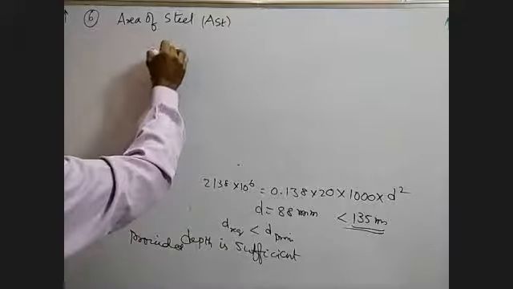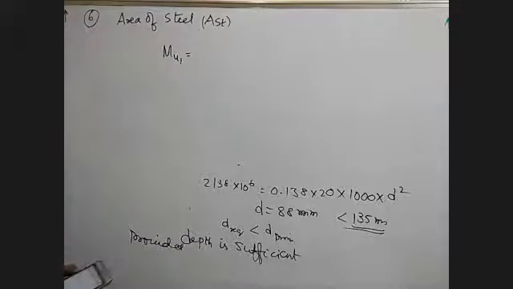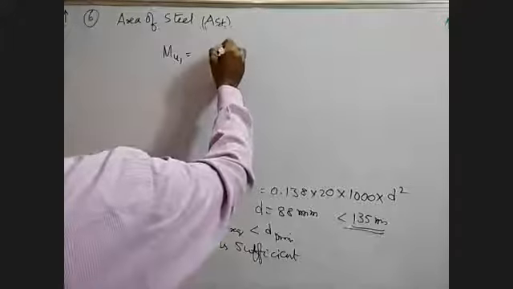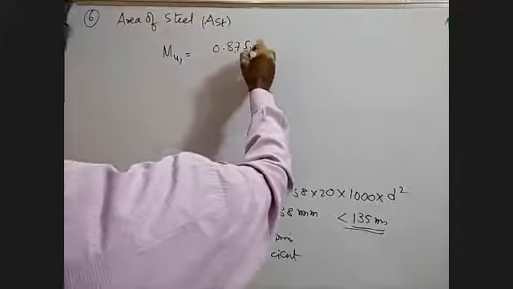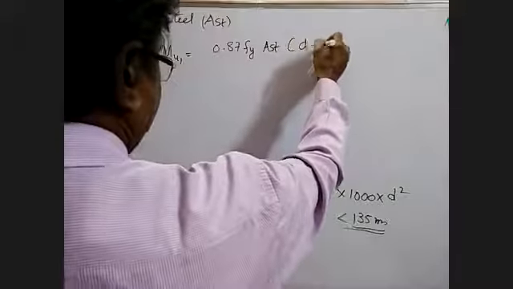Now the formula is MU1 is equal to, you can use either the 0.87 Fy formula or the 0.5 FCK formula. 0.87 Fy into AST into D minus 0.42 XU.